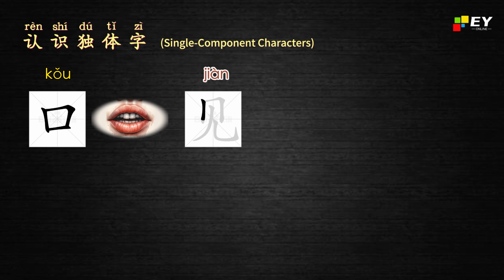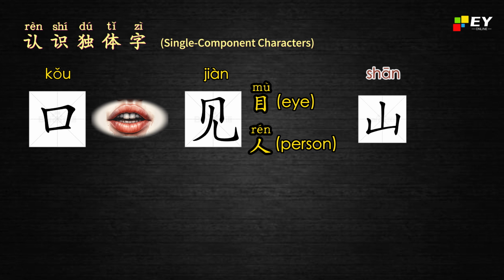Its traditional form has a 目 on the top and a 人 at the bottom, meaning watching with eyes open. 山. 山 means mountain and was originally shaped like rolling mountains.